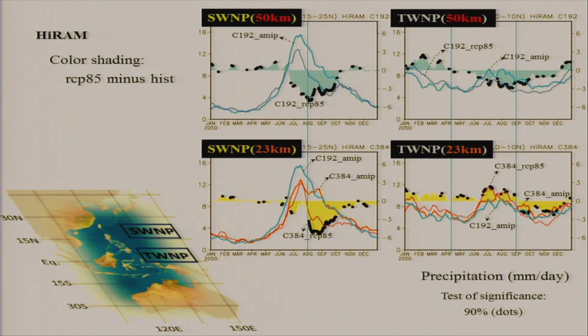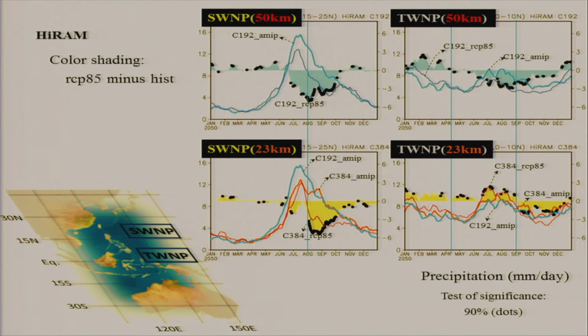Over the subtropical WNP in the 50 kilometer model, this is the time series. You can see a general decrease of the precipitation, and you can also see it in late summer. However, in early summer, the projection is quite different.